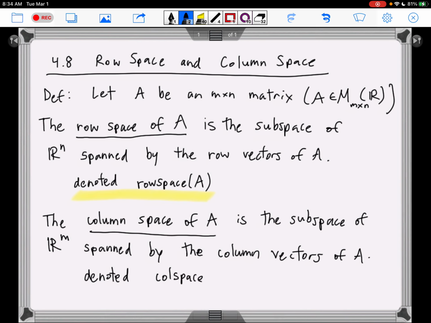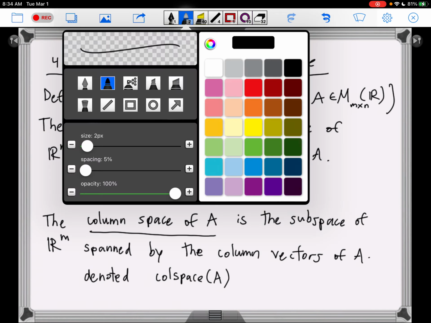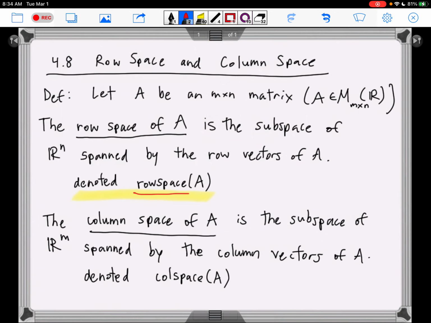That's how we write it. Okay, so we write this one like this, we write this one like this, okay?